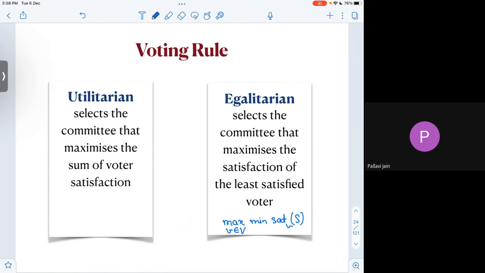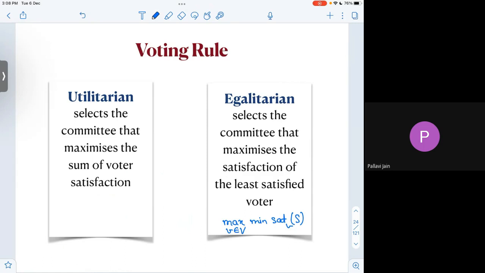That is what you are trying to maximize. Because what are you trying to do in this rule? You are trying to make everybody as happy as possible. This is more natural than utilitarian, but at some places utilitarian is desirable.